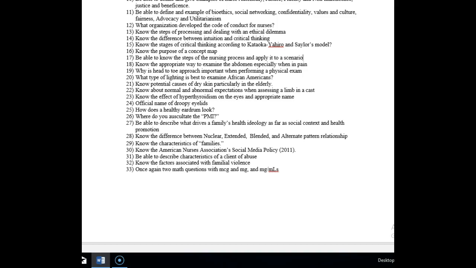There's diversity. Know what family diversity is. That is the uniqueness of each family.